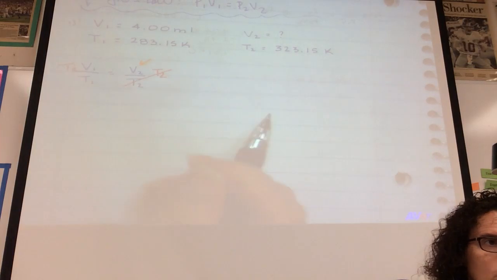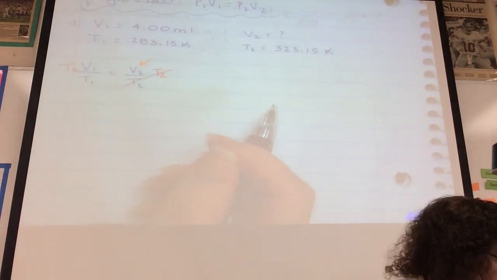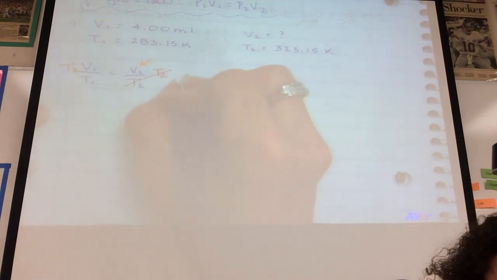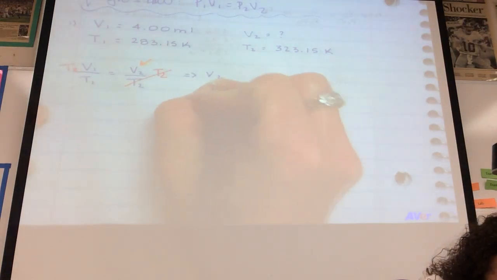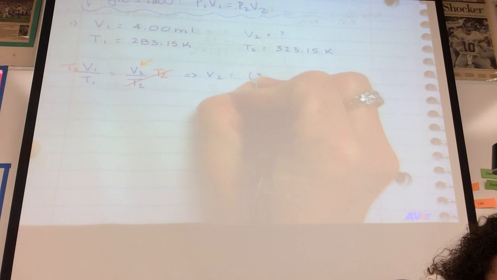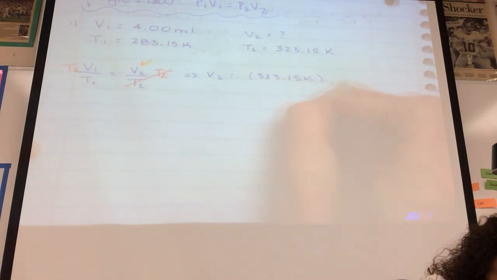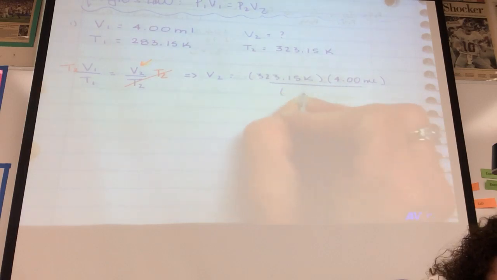And again, variable manipulation, critically important in all of the physical sciences. T2 is 323.15 Kelvin. V1 is 4 mL. T1 is 283.15 Kelvin.